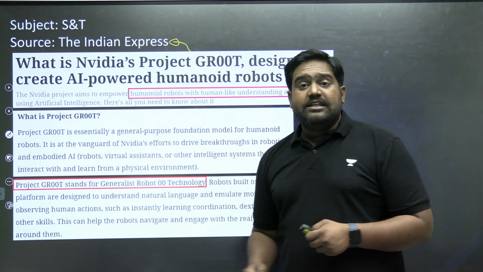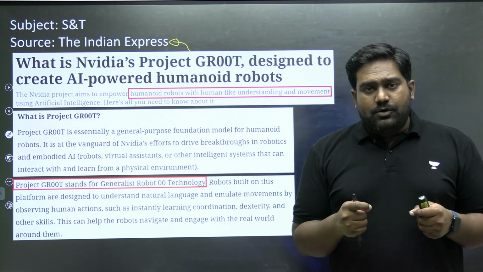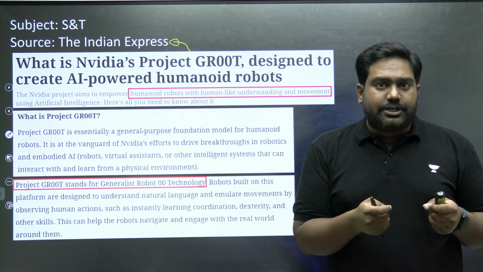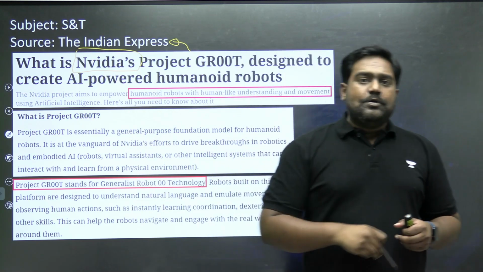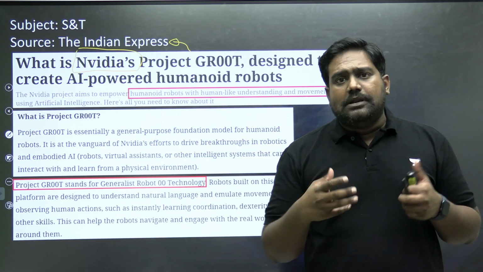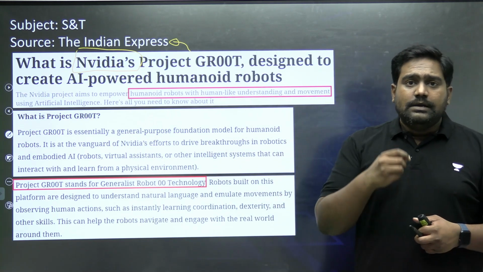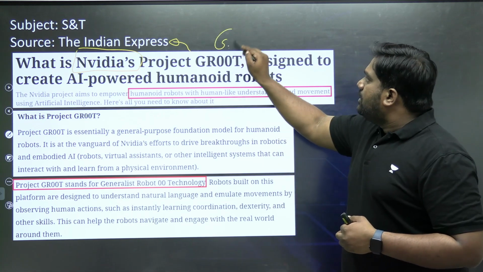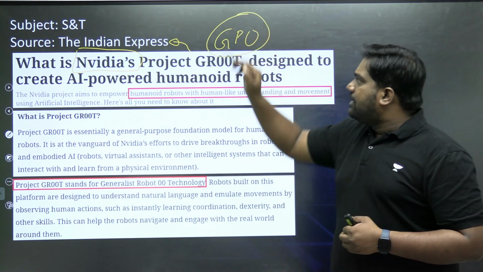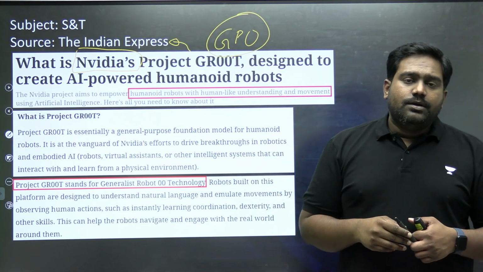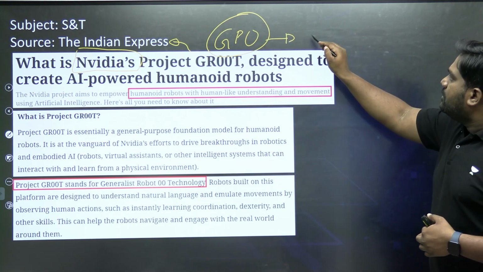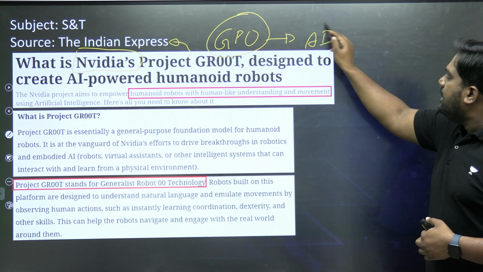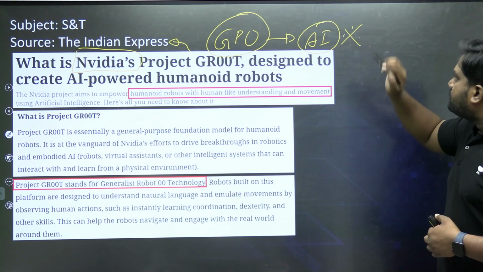There was an article in the Indian Express that was talking about a new AI initiative launched by NVIDIA. I hope you know that NVIDIA is a very popular chip manufacturer, and it produces GPUs, graphic processing units, which are essentially the foundation of fast computing and AI computing.